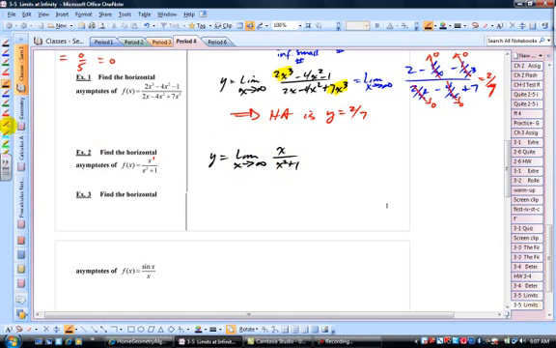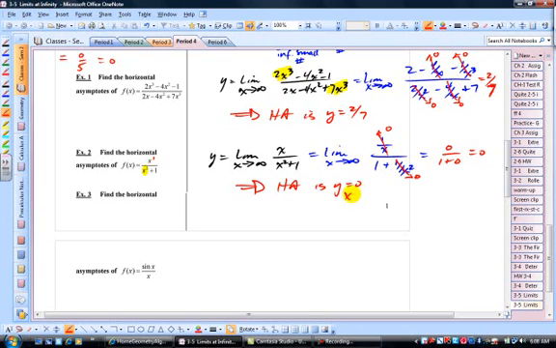You divide everything by the highest degree term, which is your x squared term, just to prove your point, and you get the limit as x goes to infinity of (1 over x) divided by (1 plus 1 over x squared). And remember that this limit is 0, that limit is 0, and so you get 0 divided by 1 plus 0, which is 0. So we got what we expected. So the horizontal asymptote is y equals 0, it's the x-axis.